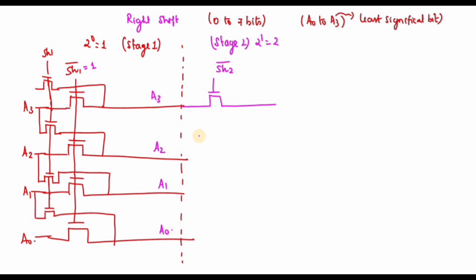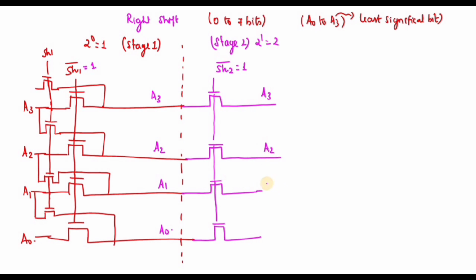So here this will shift either... if sh2 is equal to 1, this will simply pass this value. If sh2 is 1, you will get a3, a2, a1 and a0.